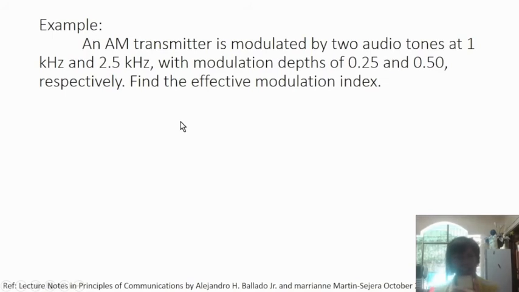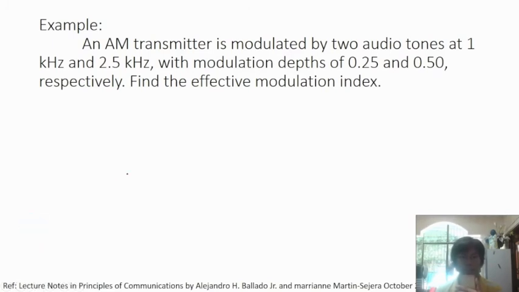For our last example, an AM transmitter is modulated by two audio tones at 1 kHz and 2.5 kHz with modulation depths of 0.25 and 0.50 respectively. Find the effective modulation index.